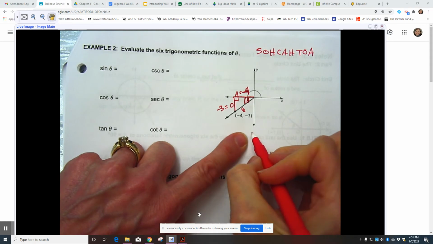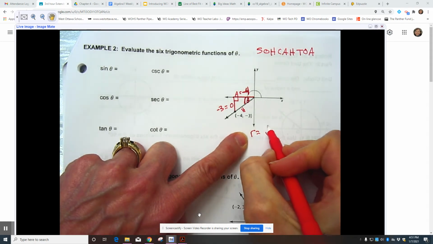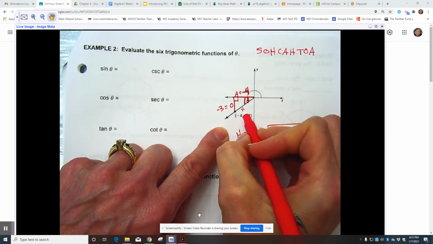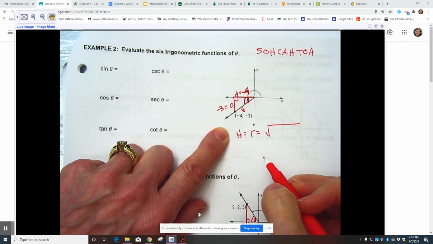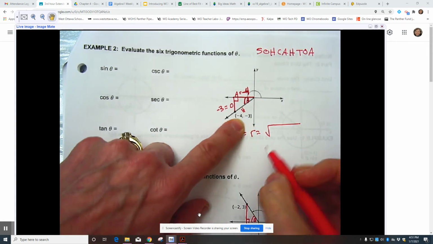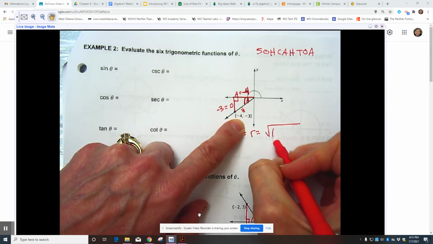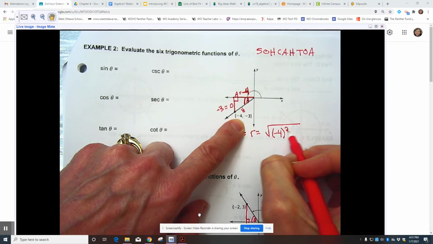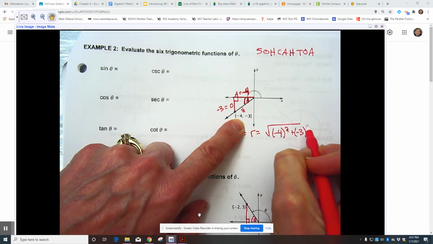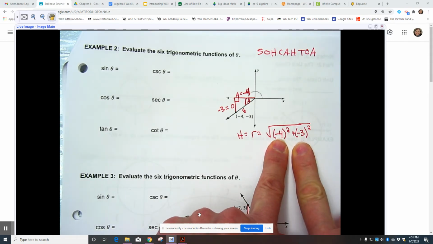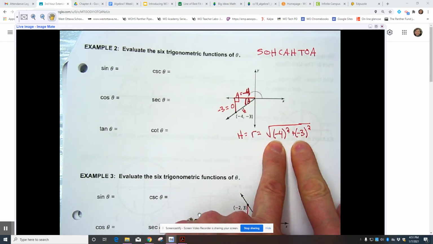My hypotenuse, guess what? I can use the same formula because hypotenuse and r, or my radius, are the same. So remember, it was x squared plus y squared inside the square root. So I'd have (-4) squared plus (-3) squared. Now notice I wrapped these numbers up in parentheses. When you have negatives, you have to wrap them up in parentheses.